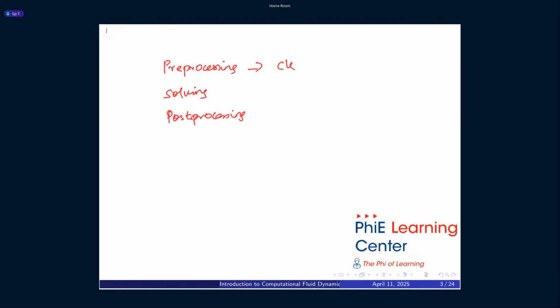When I say clean geometry, it typically means, let's say, you have a 3D nozzle or a 3D pipe. This pipe is axisymmetric, so if you carry out a 2D simulation of this and apply the axisymmetric boundary condition, you would get the solution of the problem. So that's what cleaning geometry means.